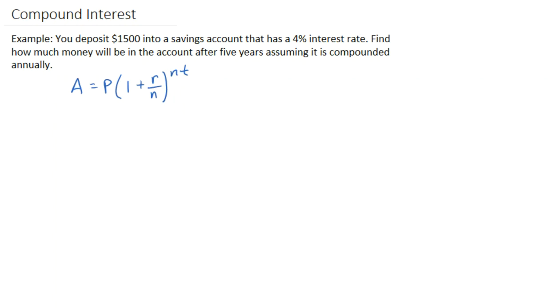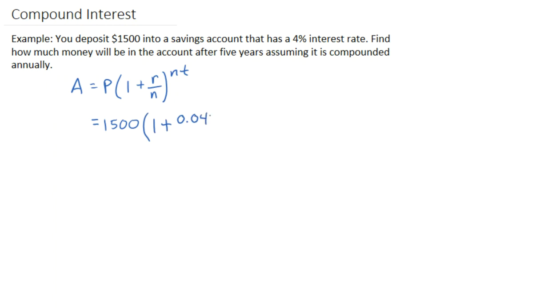Now, A is what we're looking for. A is the amount you have after a certain period of time. P is the principal we started with, so that's going to be $1,500 in this case. And then 1 plus our rate is 4%, but when we plug that into the formula, we want to convert it to a decimal.